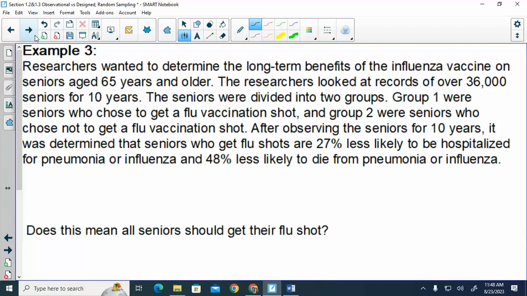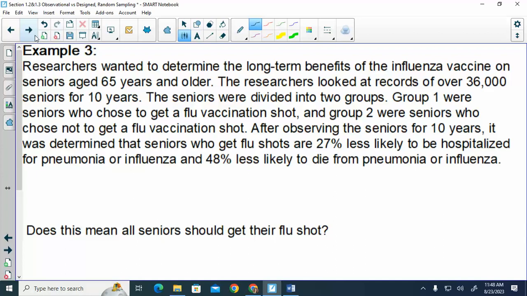Okay, did I do anything else with these two groups of people? No. I just watched them and I saw did they get it or not and kind of put them in their two groups and went from there. So, is it possible that the people that I looked at that didn't get the flu shot might have had some other reason that led them to be more likely?